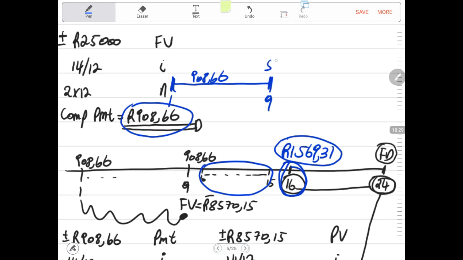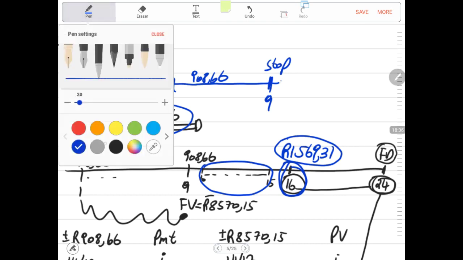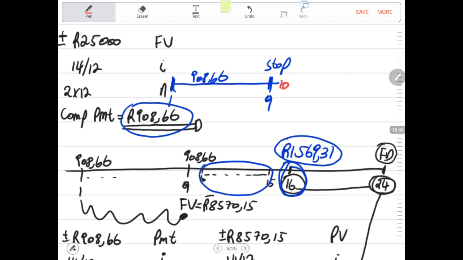The minute we stopped here, remember there was a stoppage because we missed the payments. From month number 10 to month number 15, we missed the payments, meaning there was a silence in terms of payment to our account.